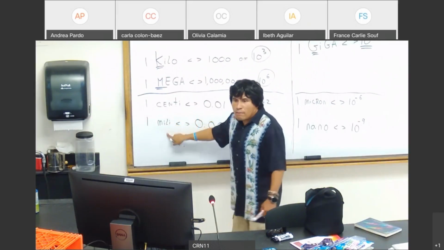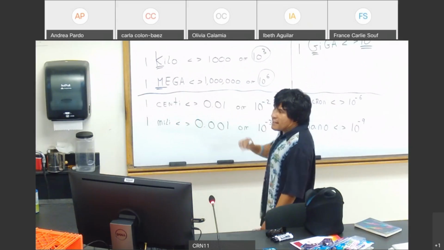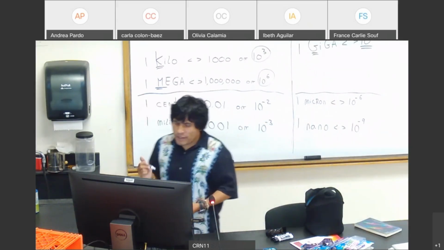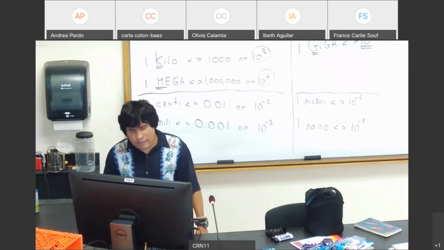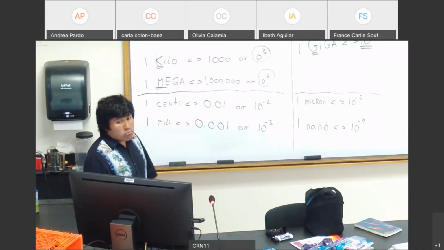For centi, milli, nano, micron, the first letter is lowercase. That's how you know. However, you're going to have the table with you when you need to do conversions. But these are the basic prefixes that you need to know.